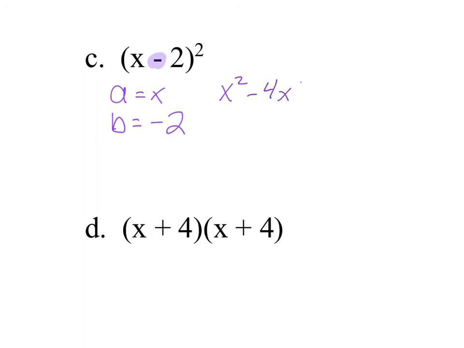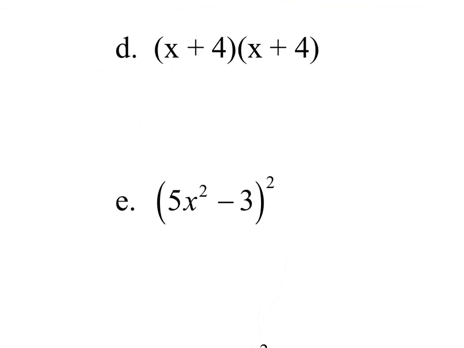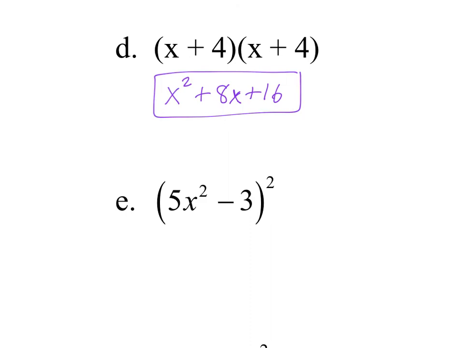B squared is plus 4. And that's my answer. So now I have a is x, x squared, plus is the symbol. 2 times 4 is 8x. 4 times 4 is 16. See? It makes it pretty nice.